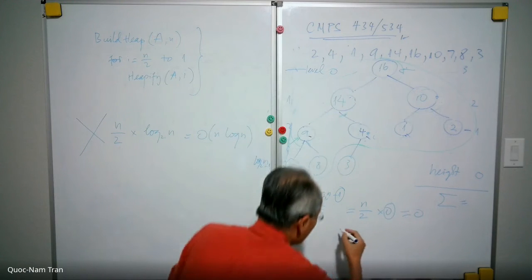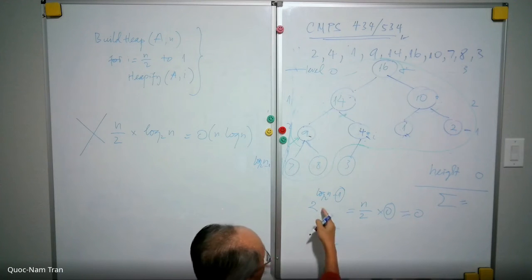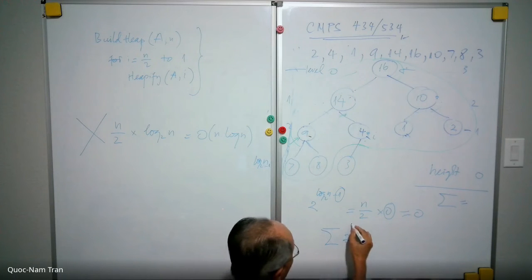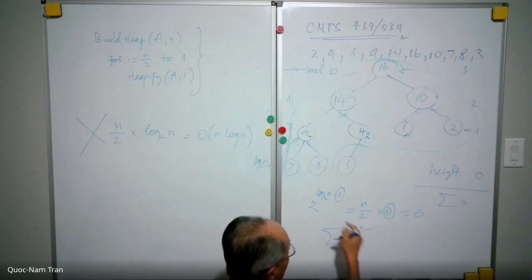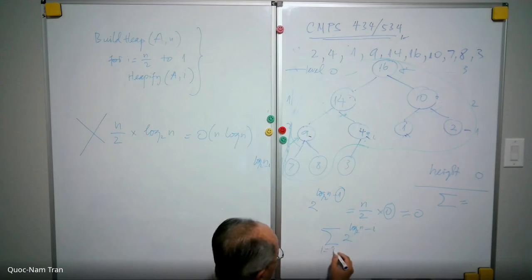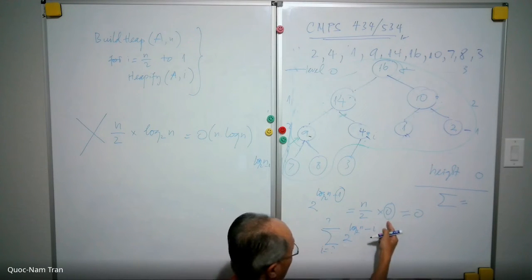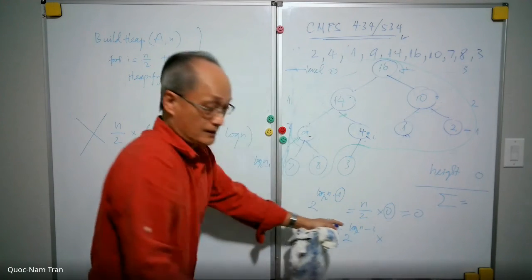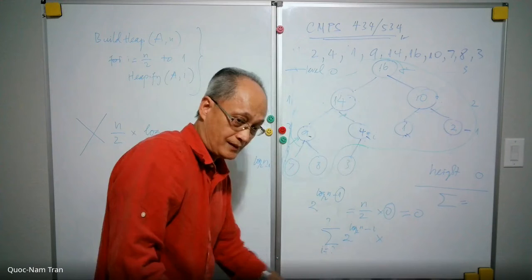The sum will be sigma of 2 to the power of log 2 of n minus i, for i from what to what, and then times the number of steps that we have to work down, right?